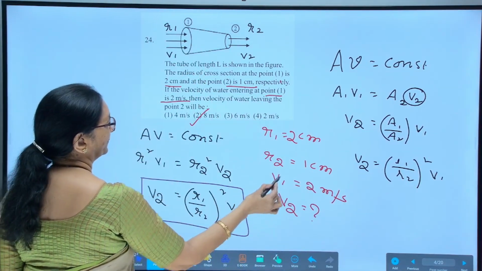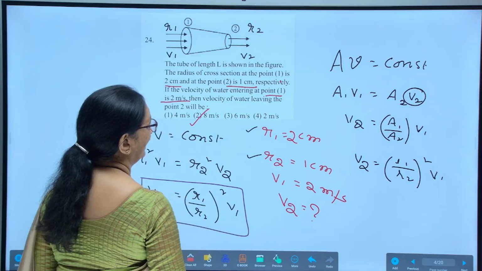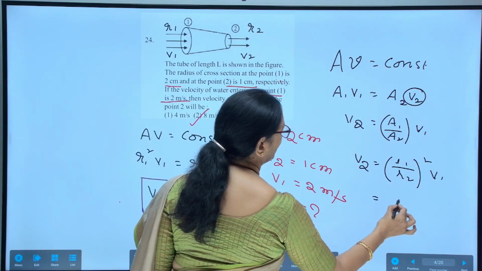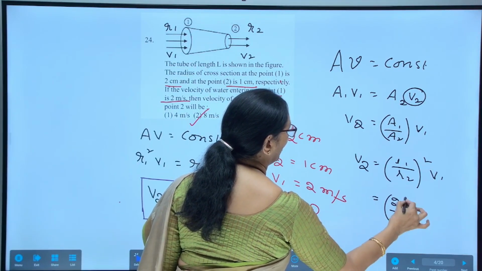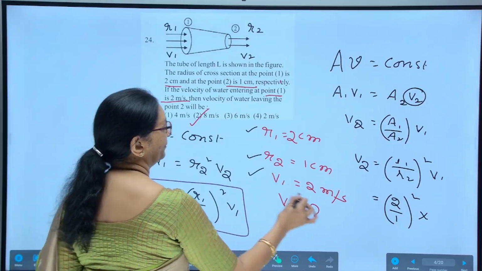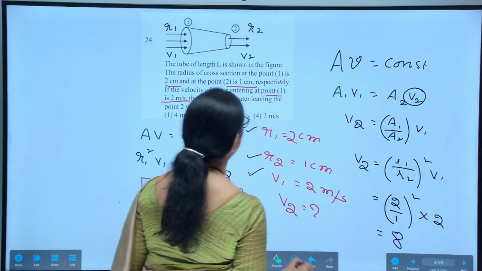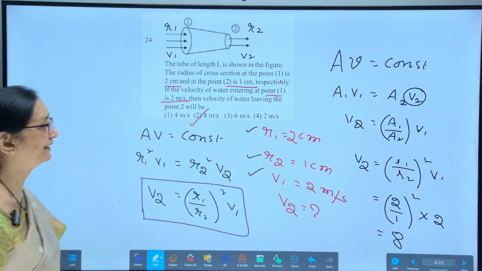R1 is 2, R2 is 1. So it becomes 2 by 1 whole square into V1, which is given as 2 meter per second. So 2 2s are 4, 4 2s are 8. So it is 8 meter per second.